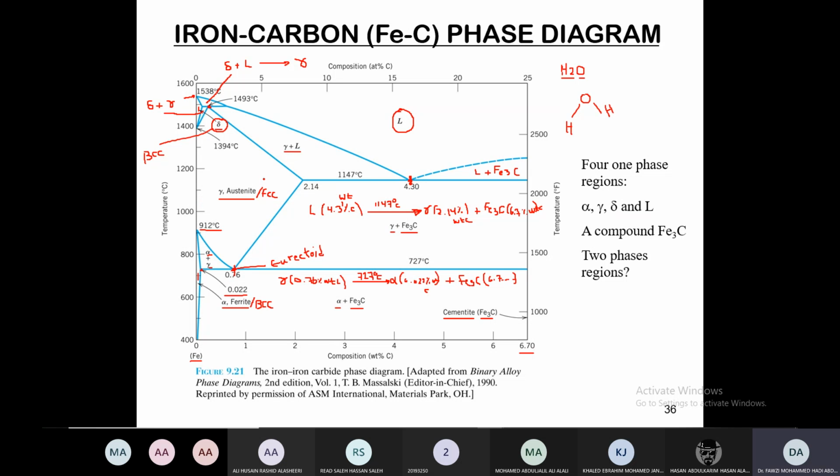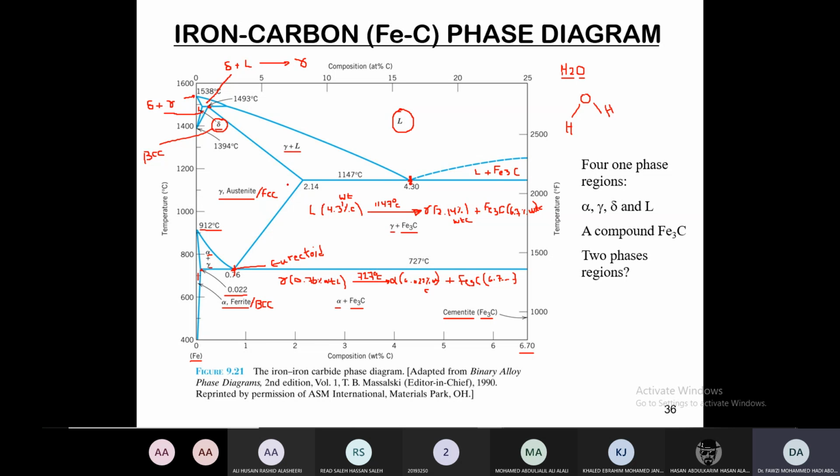One other thing, notice the austenite phase. What is the maximum solubility of carbon in austenite? That is, if we add carbon to the austenite, it does not transform to something else. Notice, this is the region of the austenite phase here, all that region, single austenite phase. Whatever carbon we add, it can accommodate.